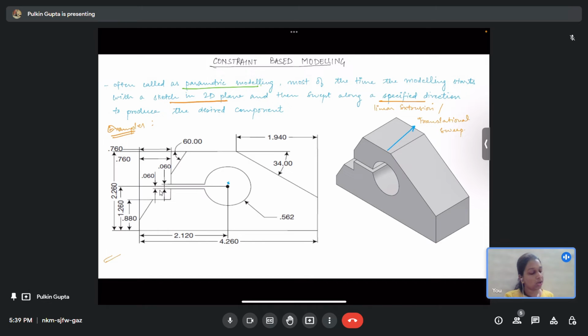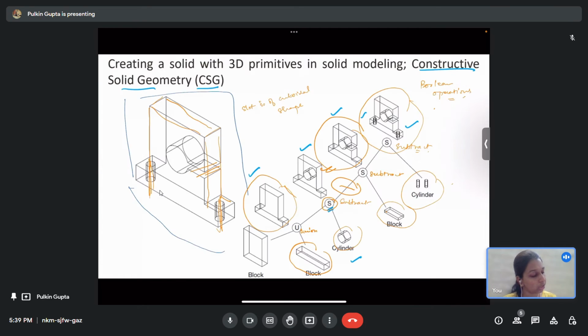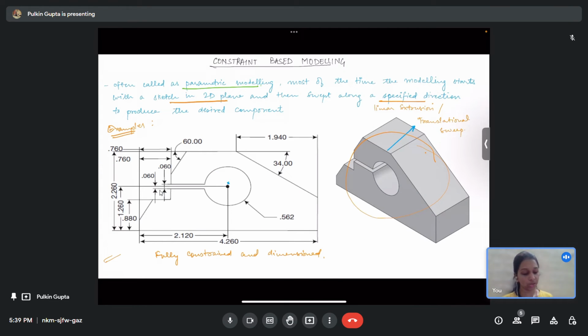So this is one of the components whose 2D sketch is made and it is fully dimensioned and constrained. Yes, you see, there is not even a single line or a part which has not been defined, and then you just extrude it in a direction perpendicular to the plane of the paper and you will get this solid component. Okay, so this is what is constraint based modeling.